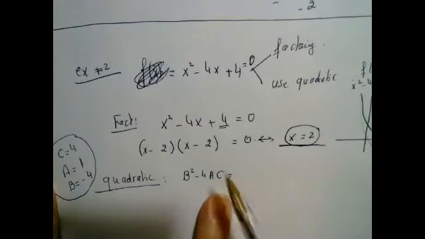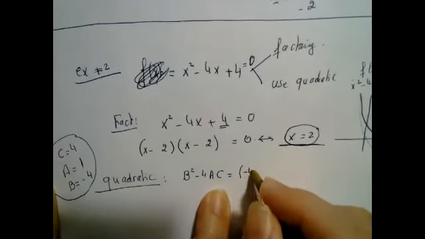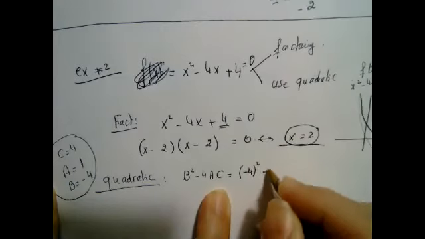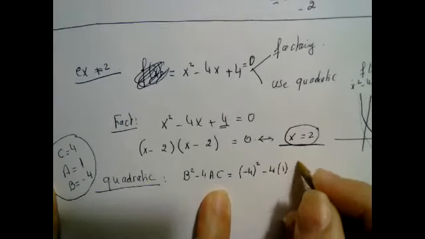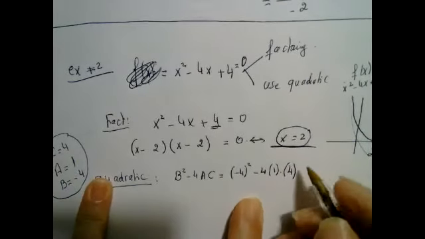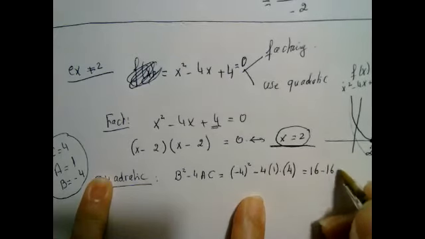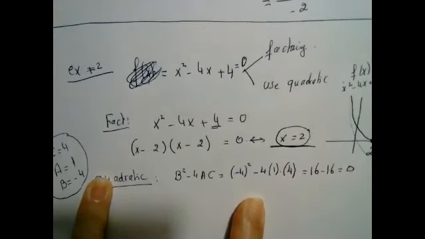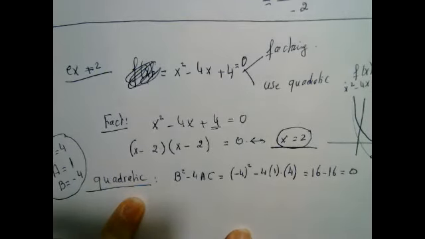I'll try not to make a mistake this time. So b squared is -4 squared minus 4 times a times c. Okay, and this is definitely 16 minus 16. This is equal to 0. So b squared minus 4ac equals 0.